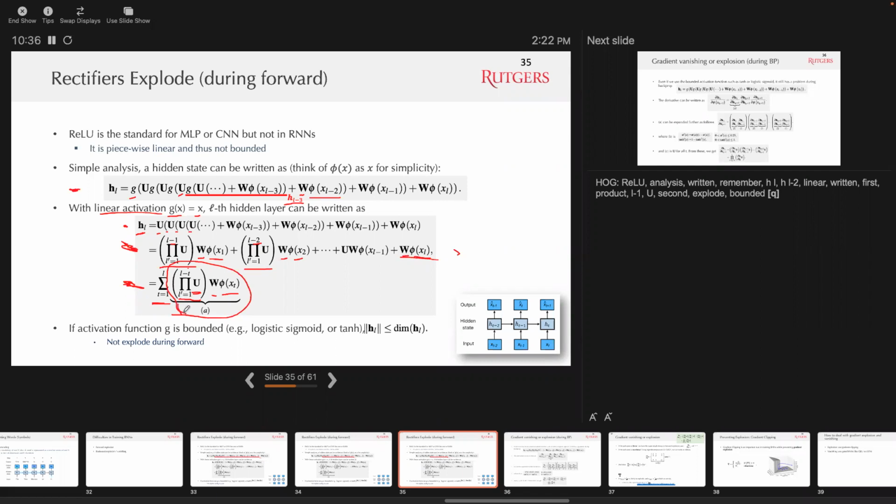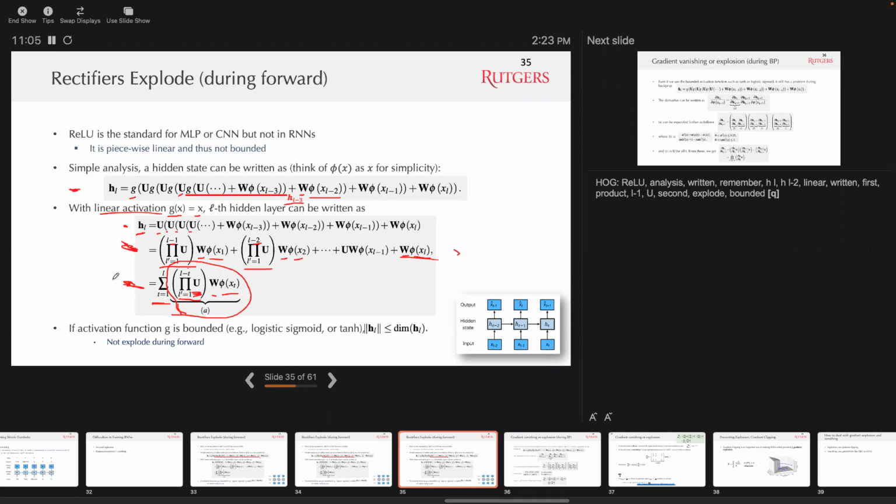In this case, you can imagine that if you use ReLU, all ReLU does is that if it's negative, it's going to be 0. If it's positive, it's going to keep the same value, and there's always going to be some entry that is always positive, and it's going to get very unbounded and very large. Right? So in this case, it's actually not a good idea if you use ReLU, right?